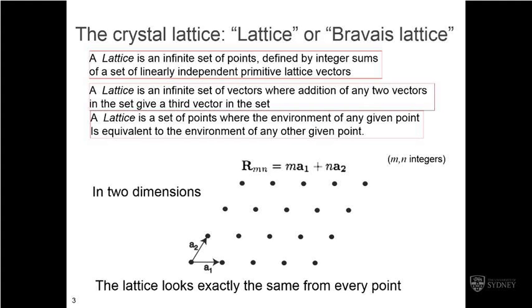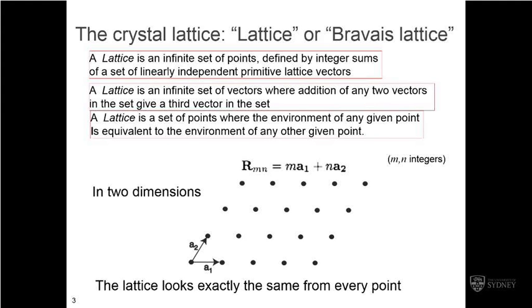So any combination of m and n will land you on another atom. And then of course, you do that in 3 dimensions because we have a 3-dimensional solid. In some textbooks, they don't use A1 and A2, or m and n as their integers. They'll probably use something else. It just depends.